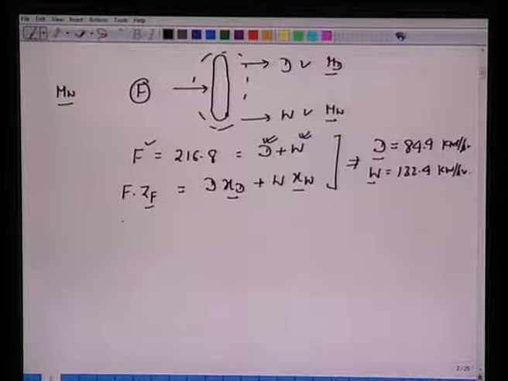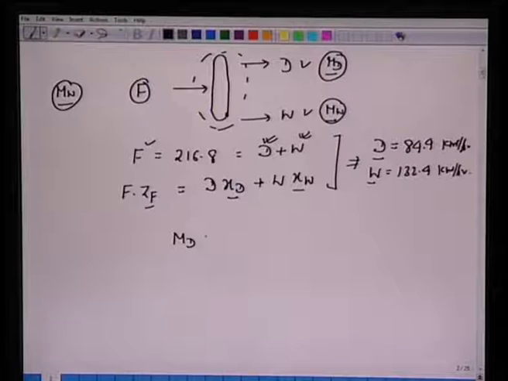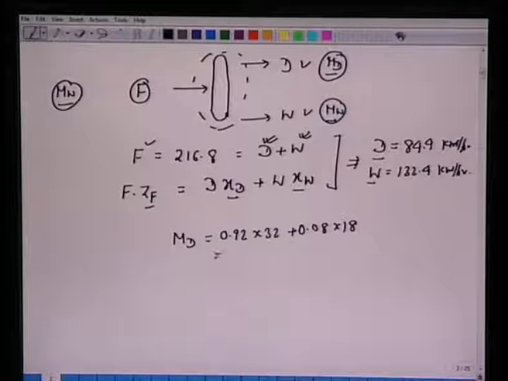So before we go further, let's see if we can get the average molecular weight of the three streams here. Okay, so if you do this, say for example MD, average molecular weight of top product, then we have 0.92 into 32 plus 0.08 into 18, so this would be your 30.88.